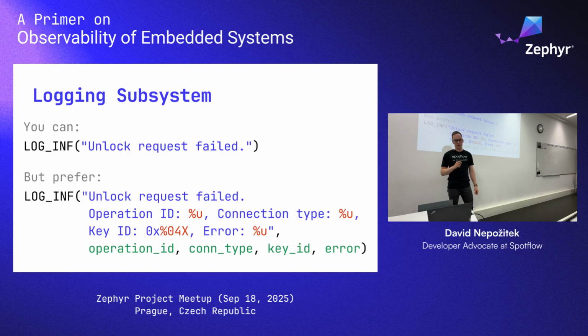One extra tip is that the formatting of the logs is not happening right when we call this macro. So we actually get everything structured in the logging backends. So we can also route this structured data to, for example, the cloud.